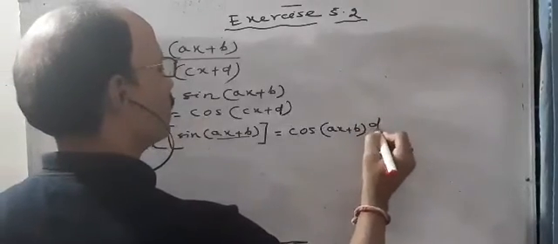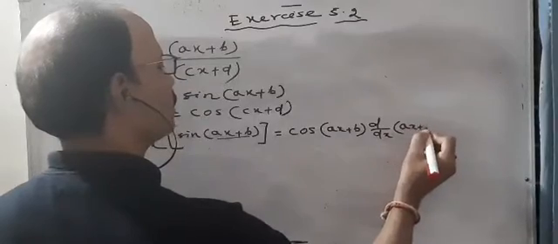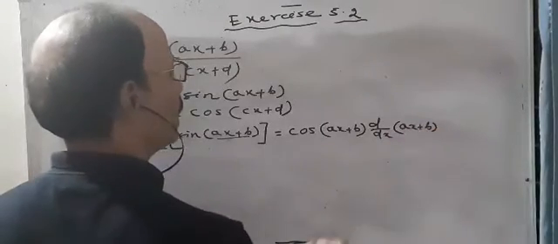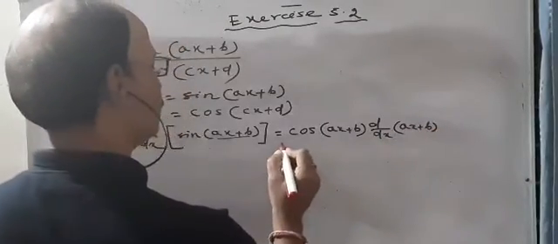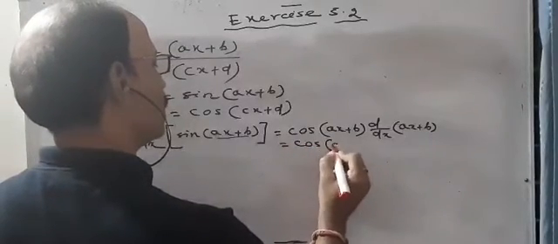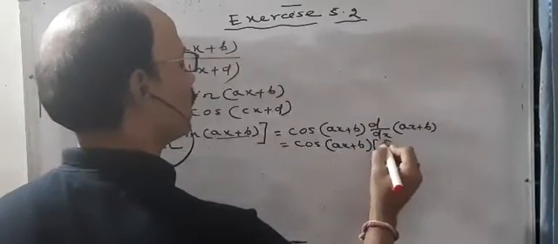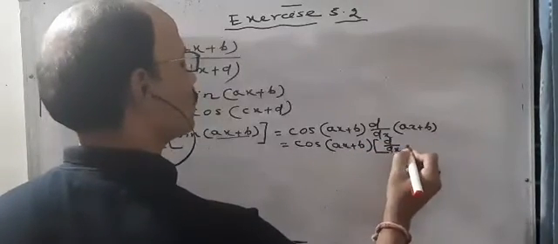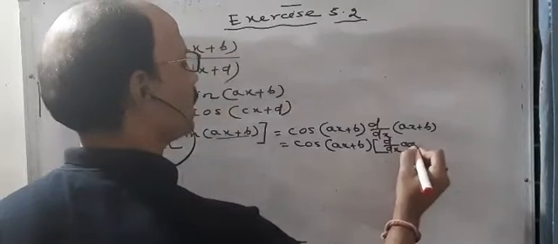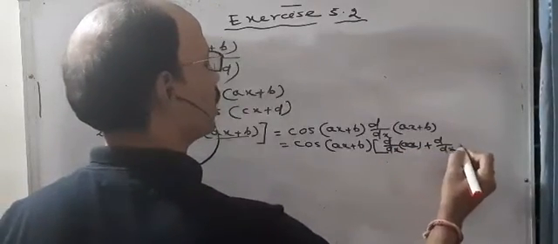Then the derivative d dx of ax plus b, so it is cos ax plus b, then d dx of ax plus d dx of b.